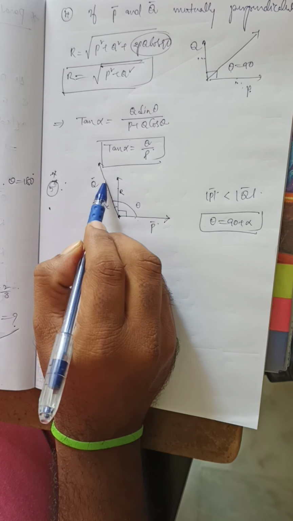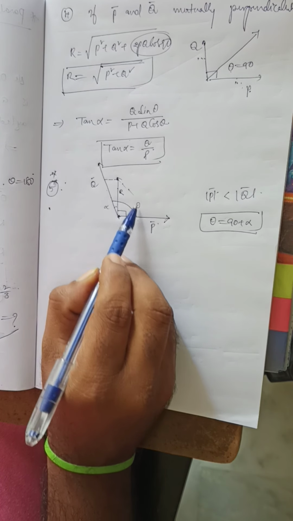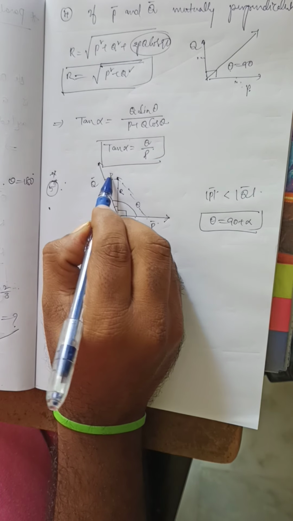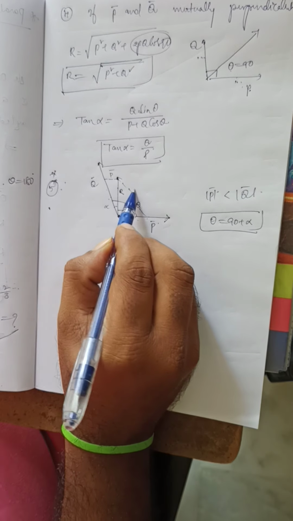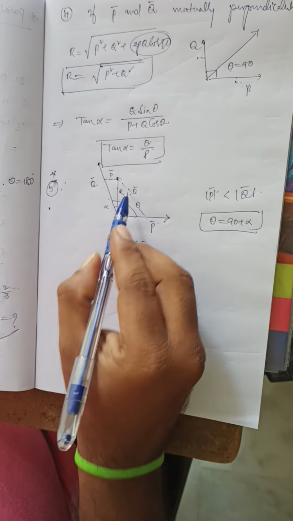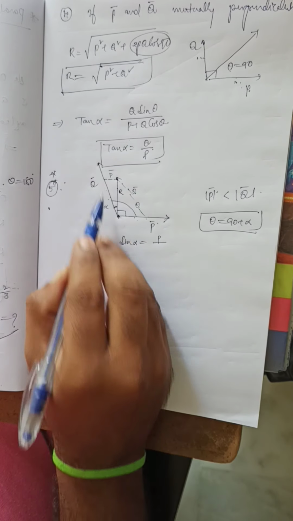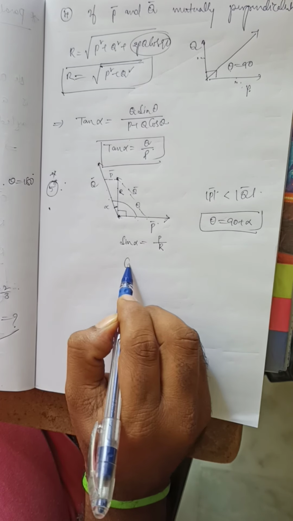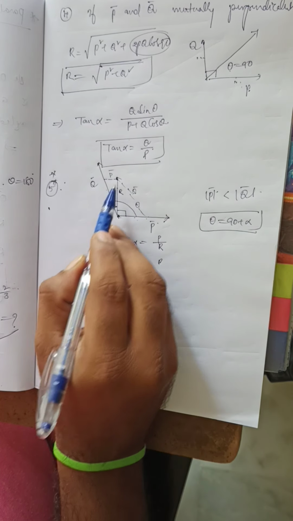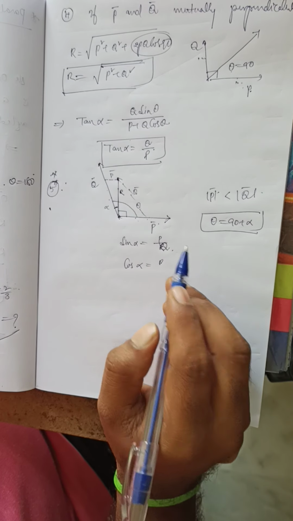Now in this case, let us assume. So just draw a parallelogram. If it is p bar, then it is also equal to p bar. Then if it is q bar, then it is also equal to q bar. Then sine alpha is equal to, this is the alpha angle. Sine alpha is equal to opposite side by hypotenuse, p by q.